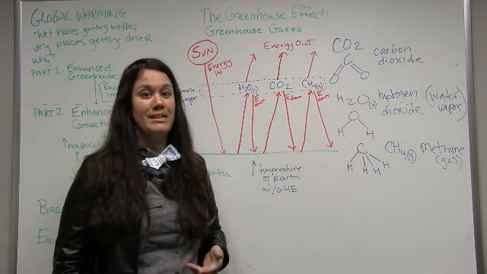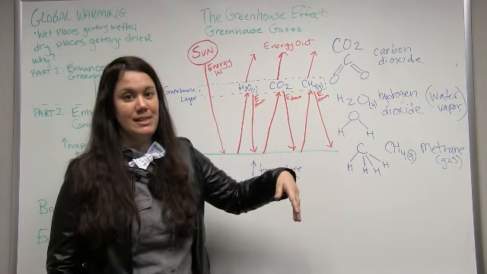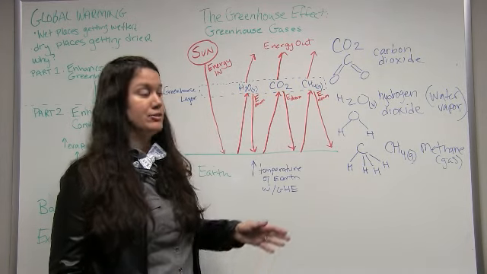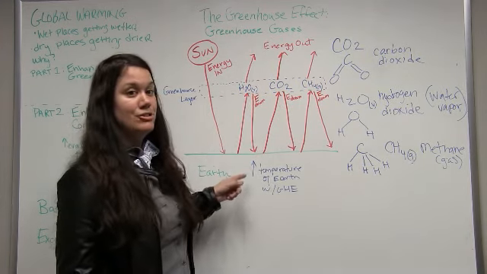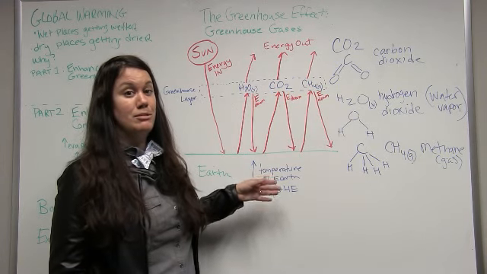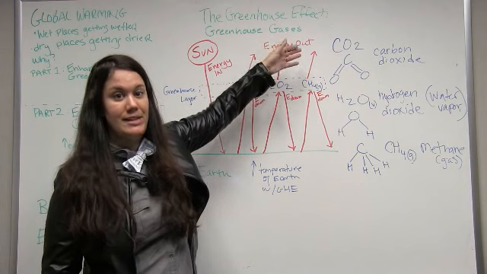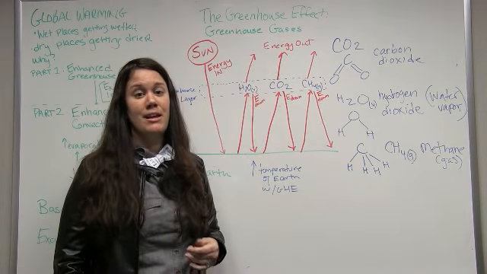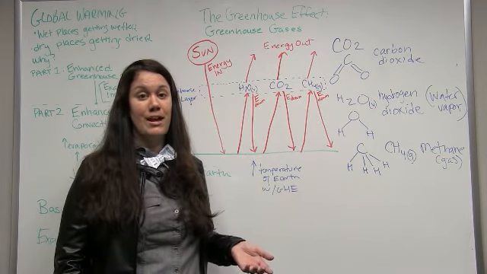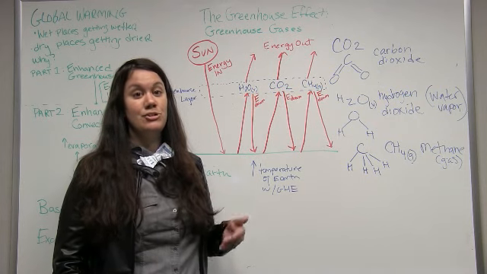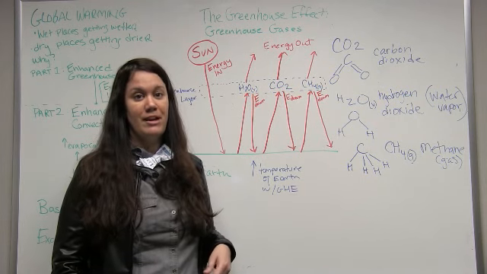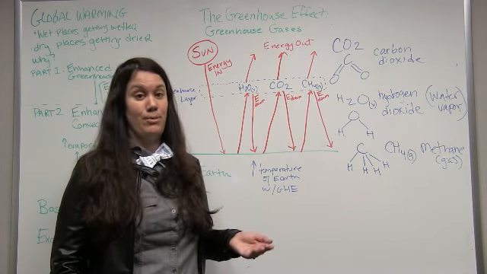So again, remember back to that model where we didn't have this layer, where we didn't have the greenhouse effect, and all the energy that comes in is able to be released by the earth, and it would just all go out into space. And as I've said a few times, if we don't have a greenhouse effect, then it's actually too cold here on planet Earth for life as we know it.